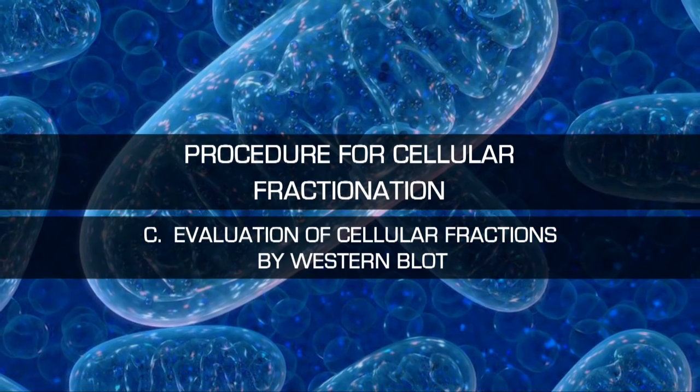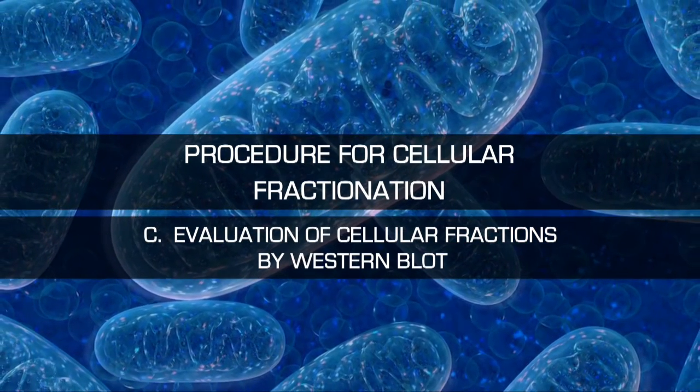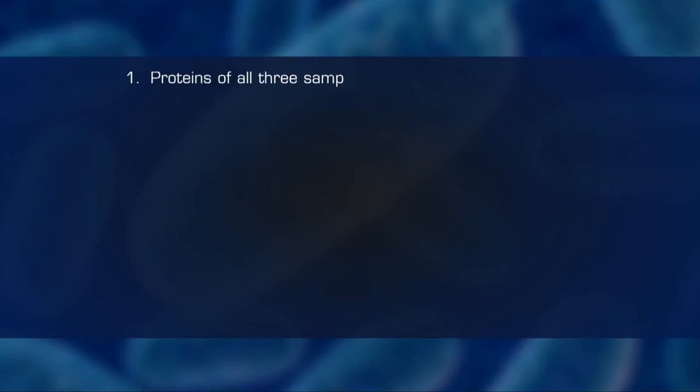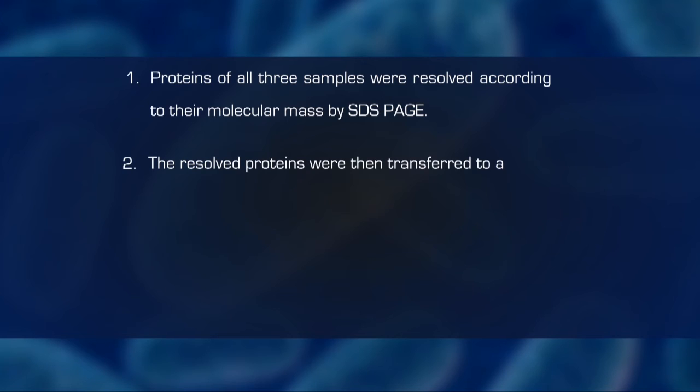Now, for evaluation of the cellular fractions by Western blot, first, proteins of all 3 samples were resolved according to their molecular mass by SDS Page. The resolved proteins were then transferred to a PVDF membrane using Western blotting apparatus.